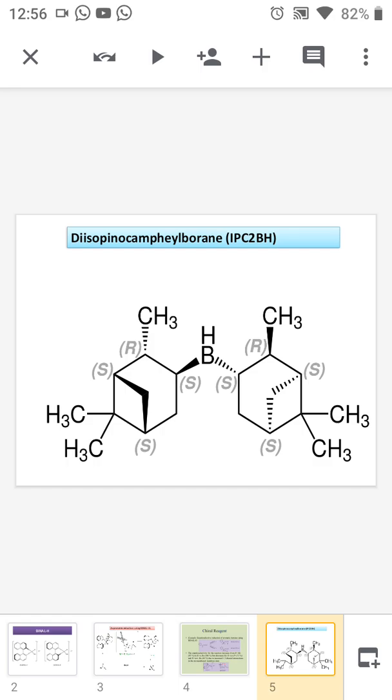So consider one single monomer unit BH2. If we replace two of the hydrogen atoms by the pinene-derived group, we will get IPC2BH. So what is the structure of the camphor? This single ring is the structure of the camphor. We have to study the structure of IPC2BH. In IPC2BH, as the name stated, there is only one hydrogen for the hydroboration.